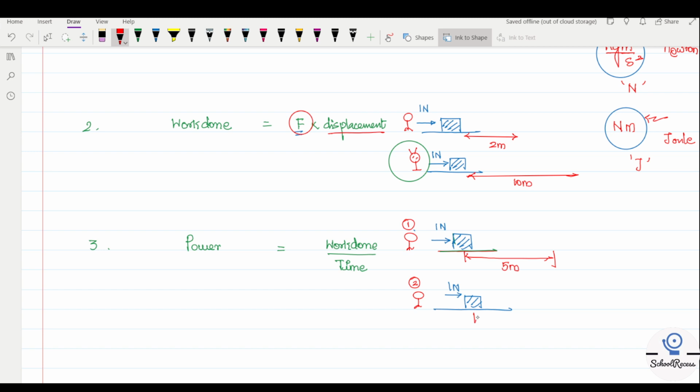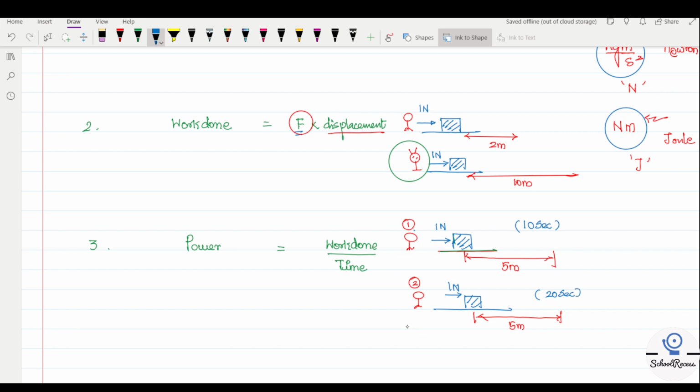The distance for both of them is predetermined and it is just 5 meter. Now comes a question for everyone, my dear students. If this person took 10 seconds to reach the position, whereas person number 2 has taken 20 seconds to do the same amount of work, now I could ask you a simple question.